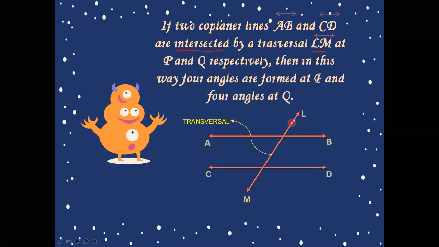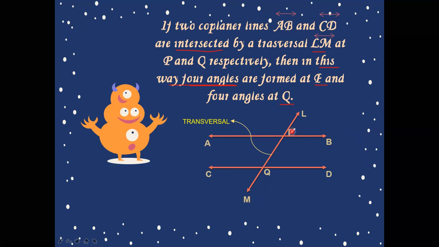This transversal first intersects AB at point P, this is the intersecting point, and it also intersects the second line, CD, at point Q. In this way, four angles are formed at P and four angles at Q. How? Look here.